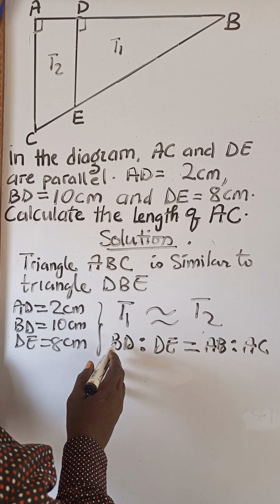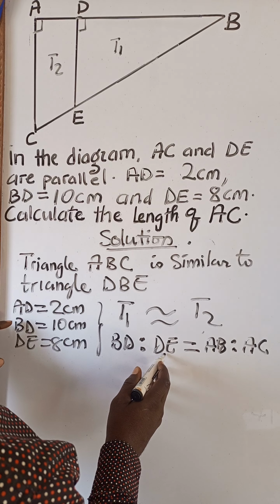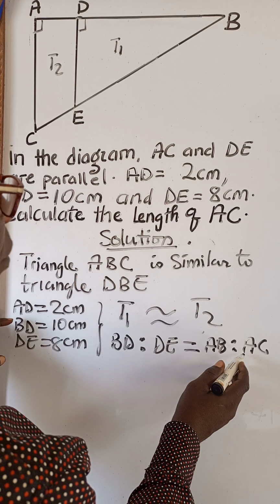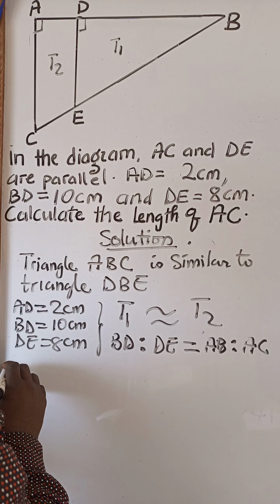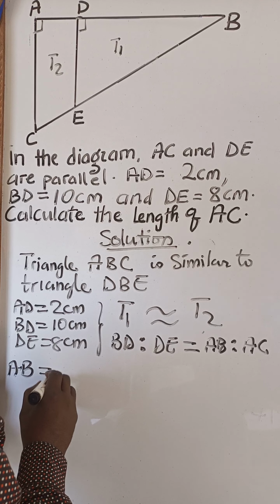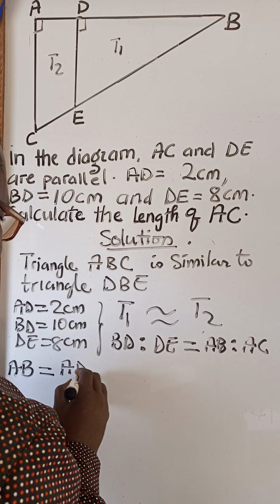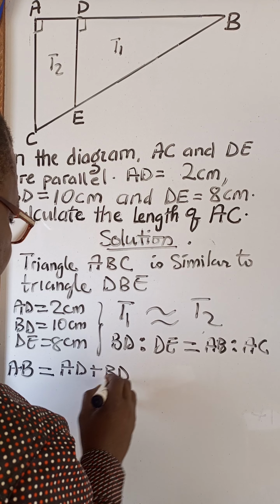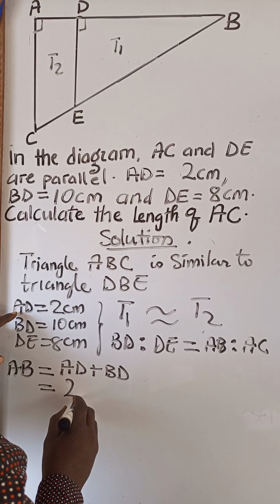If we look, we know BD, we know DE. AC is what we are looking for, but we don't know AB. What is AB? AB will be AD plus BD. Do we know AD? Yes.